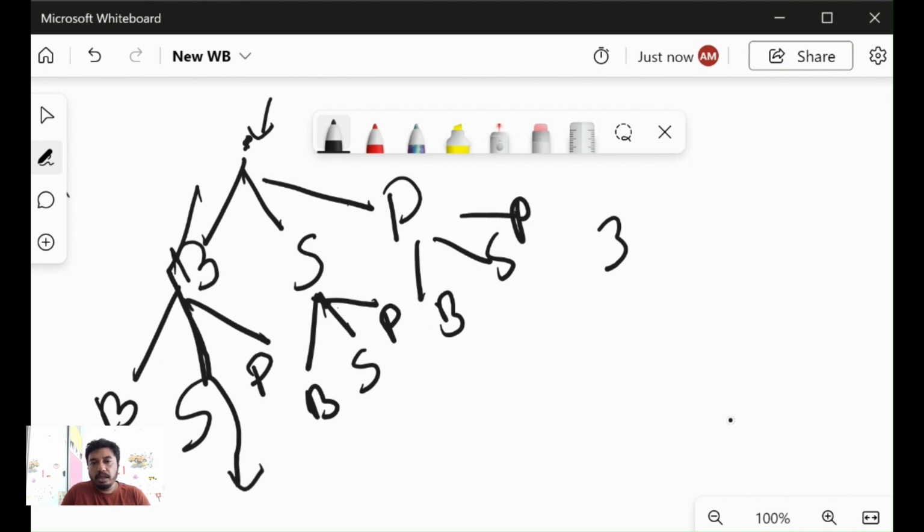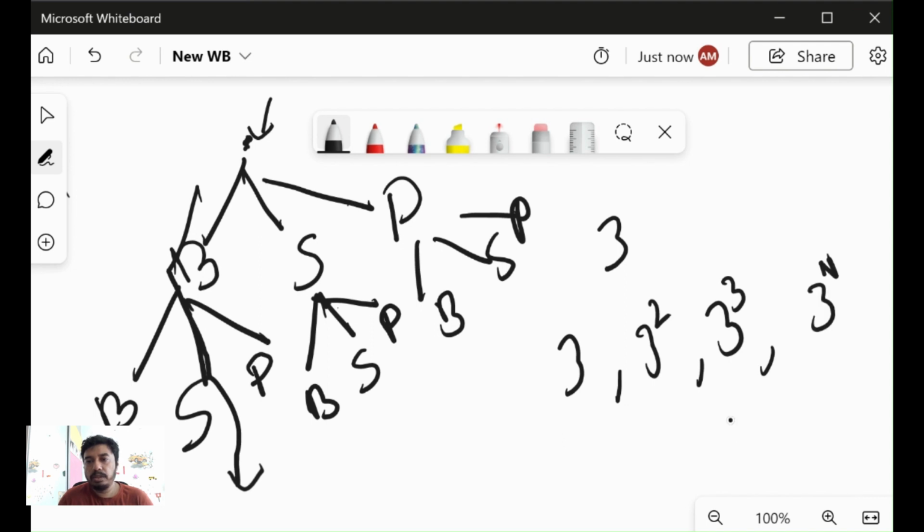At level 1 you have 3, at level 2 you have 3 square, at level 3 you have 3 cube, at level n you would have 3 to the power of n nodes, right? So this would be my time complexity to evaluate all different paths, because the number of leaf nodes is equivalent to the number of possible paths in this tree, correct? So my time complexity is O of 3 to the power n, which, as you can see, is exponential. So I should not go that route.